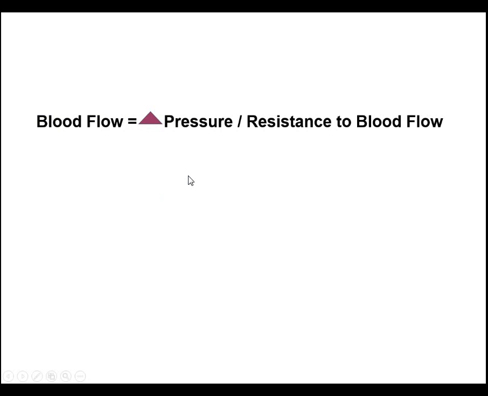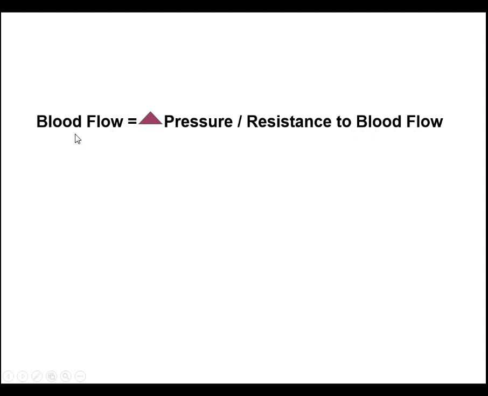One of the ways we look at the relationship of these two variables to blood flow is through this equation. It's a very telling equation, and I love this equation, by the way. Blood flow is equal to the change in pressures over the resistance to blood flow.